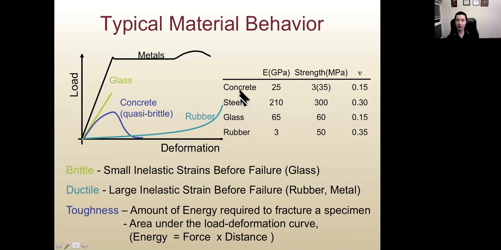And this table shows us the E value of concrete, steel, glass, and rubber, as well as the strengths. This is the tensile stress, and 35 is the typical compressive stress of concrete. Then Poisson's ratio for concrete, steel, glass, and rubber.